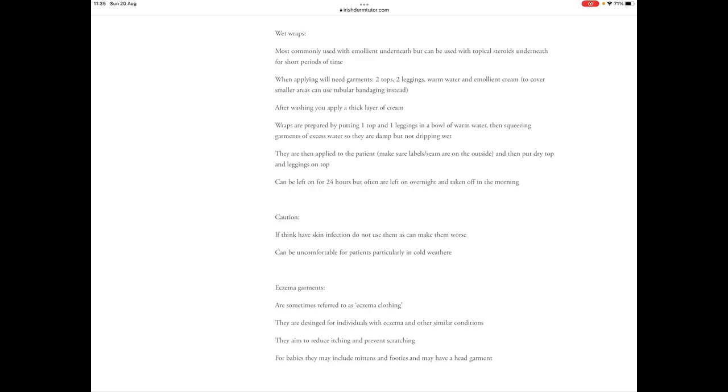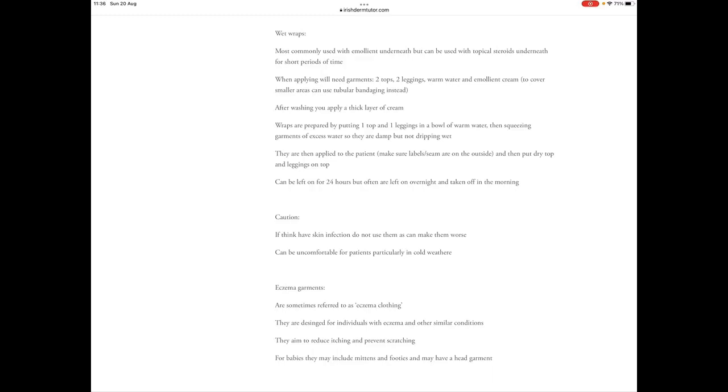Then you prepare the wraps by putting 1 top and 1 leggings in a bowl of warm water. You then squeeze out the excess water, and you want the garments to be damp but not dripping wet. You then apply them quickly to the patient. Try to make sure things like labels and any seams are on the outside so they don't irritate the patient.